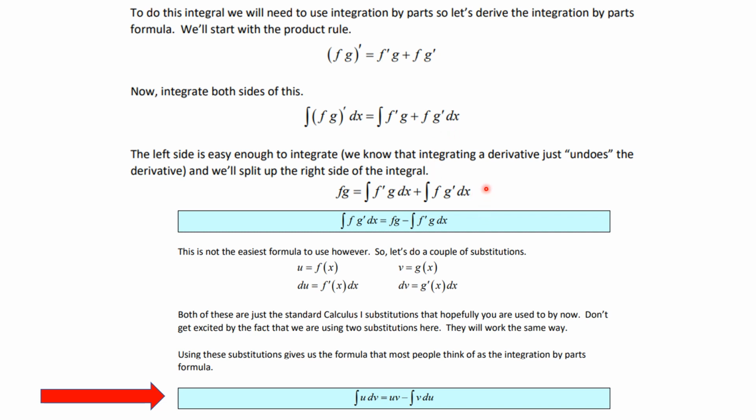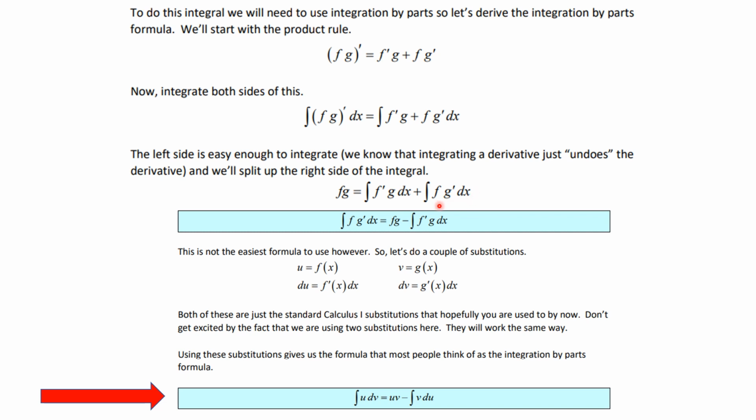So this expression right here is in fact a key in our derivation. f times g is equal to the integral of f prime g dx plus the integral of f g prime dx.